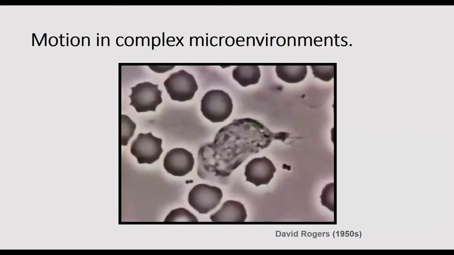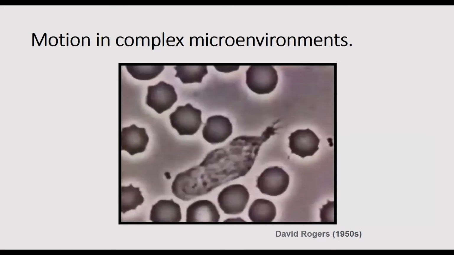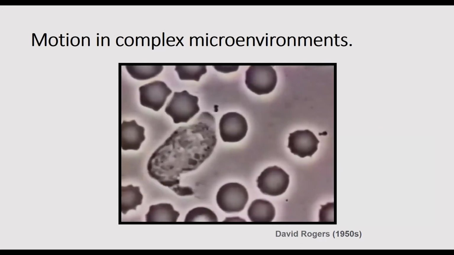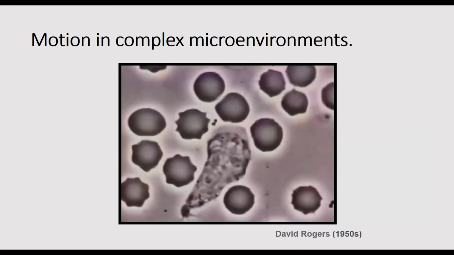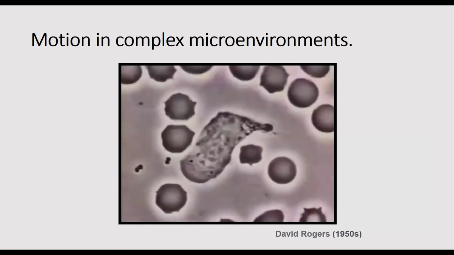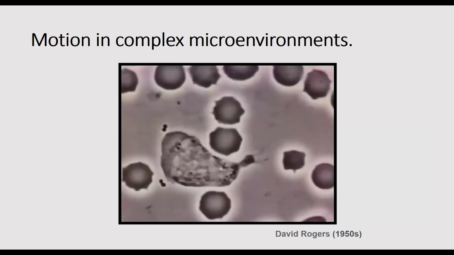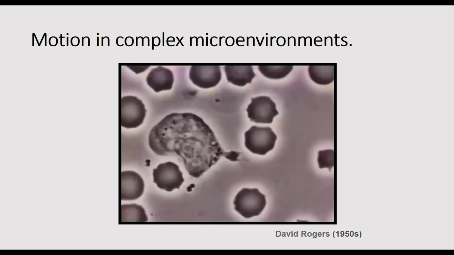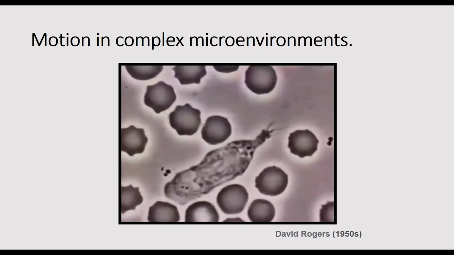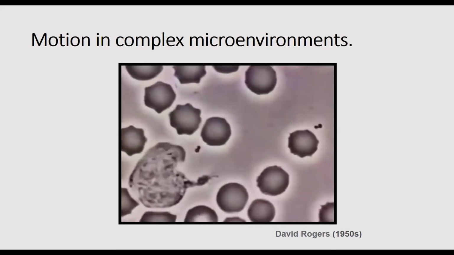To do that, this neutrophil has to constantly adjust and adapt its shape and its motion to the environment around it, which is also changing continuously. This movie was taken several decades ago, but already it indicates that researchers have long been interested in understanding the complex motion that microswimmers perform inside complex environments.